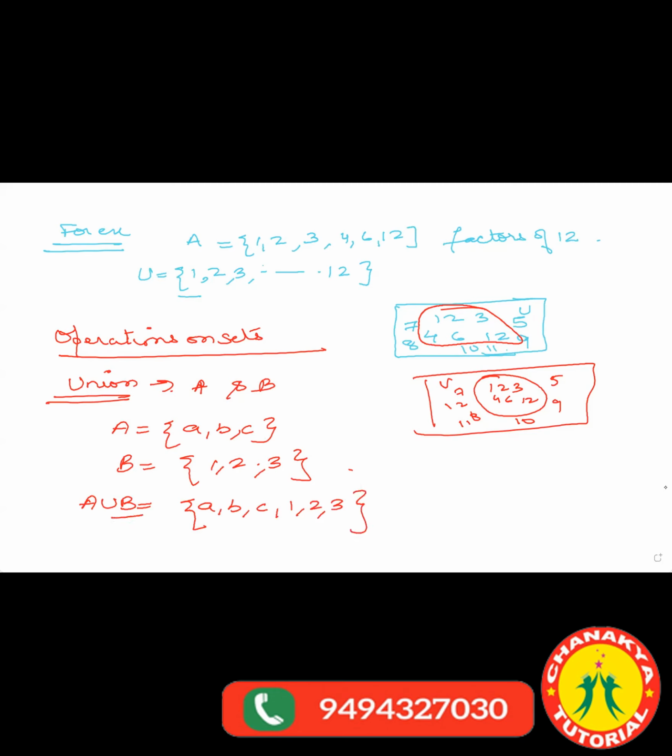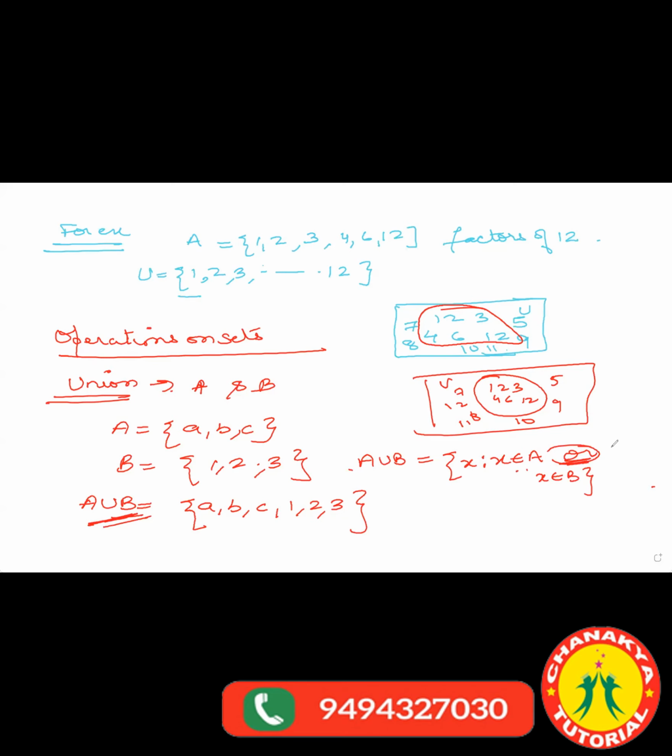Now in notation, how will you write? A union B is {x such that x belongs to A or x belongs to B}. So while denoting A union B, you will use the word or.